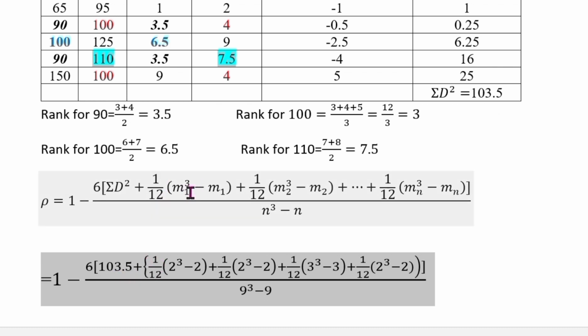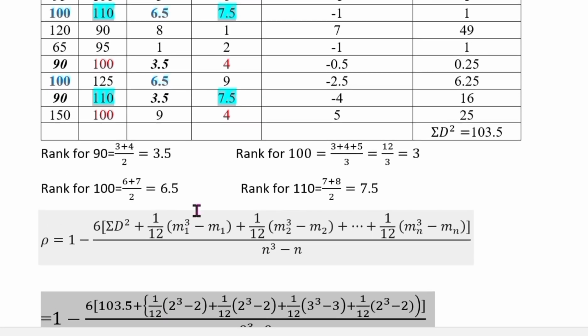now what is this m1? M1 simply represents the first instance we are getting a number repeated. The first number that is repeated is 90, which is repeated twice. So we shall take 2 cubed minus 2, 2 from the fact that the first number that is repeated has been repeated twice.